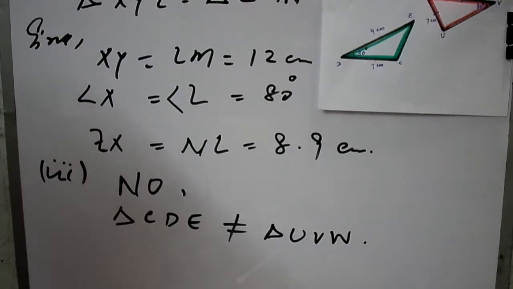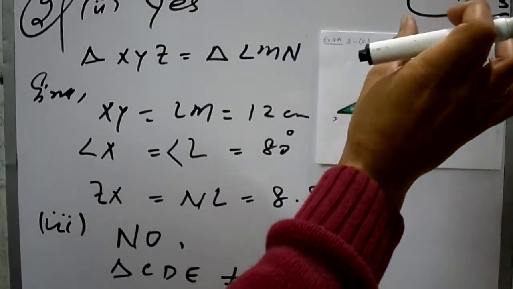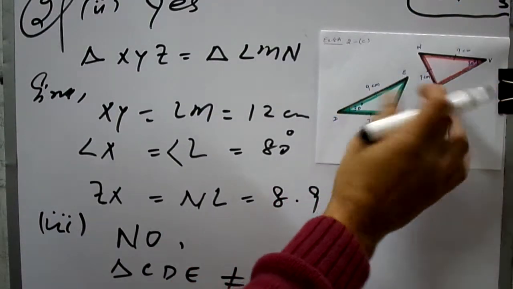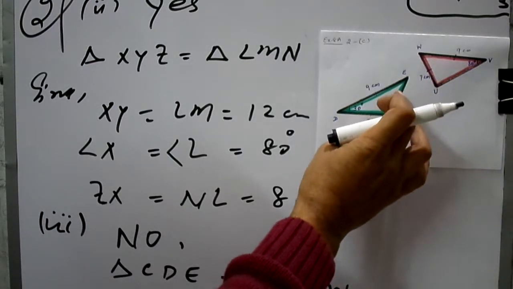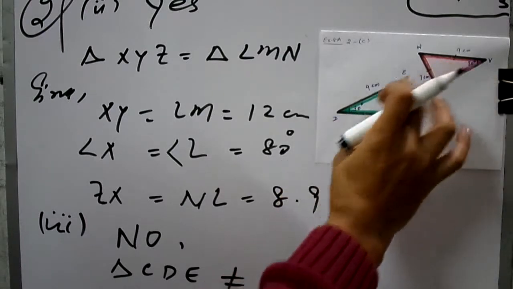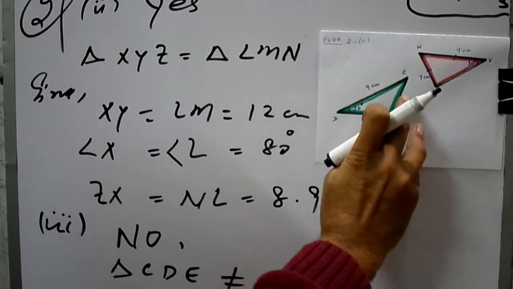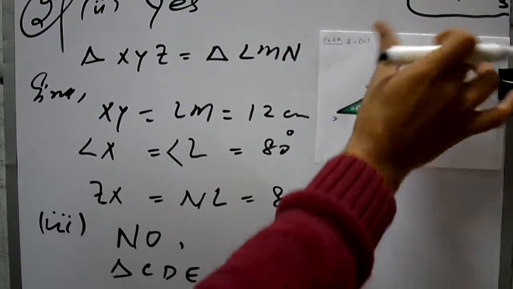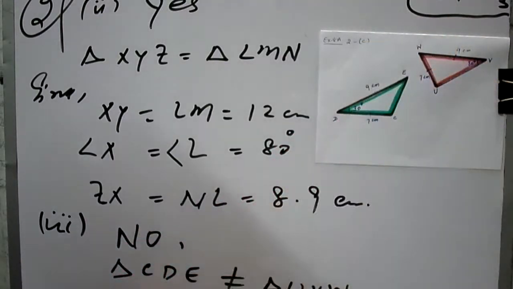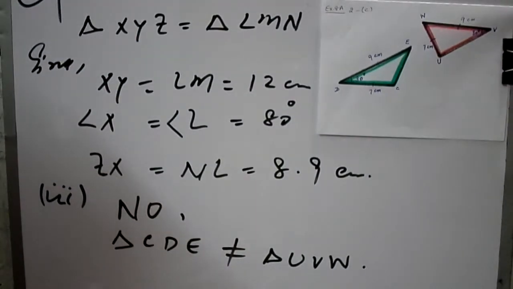Due to the angle, when we rotate this triangle and place it upon this triangle, that's why I have segregated both the triangles, one red and the second green. If you rotate this triangle and place the 30 angle upon this angle, the side will become different, because this side must be 7 centimeter, but here DC is given as 7 centimeter when we rotate and place the triangle upon this. So that's why we can say that these two triangles are not congruent to each other.